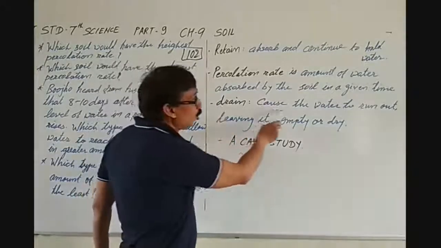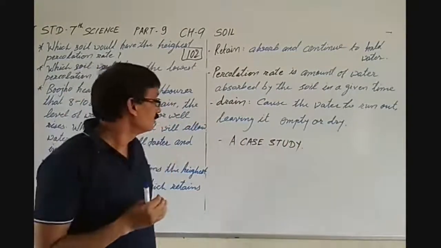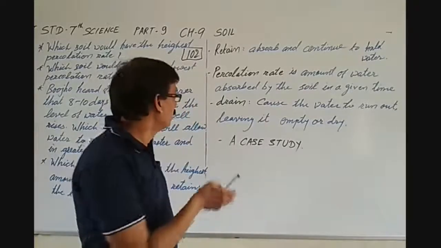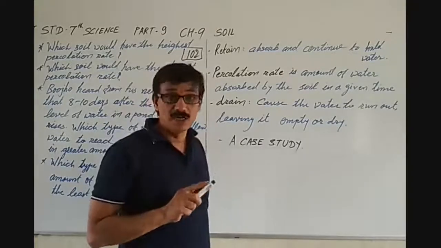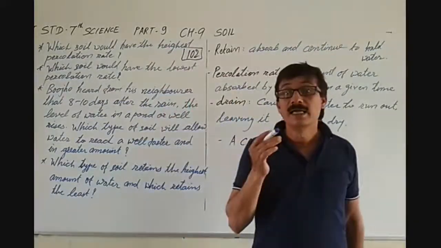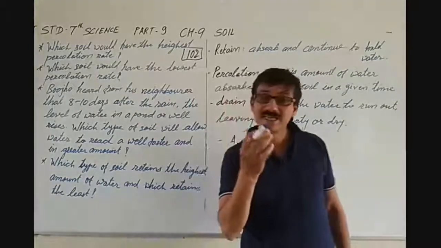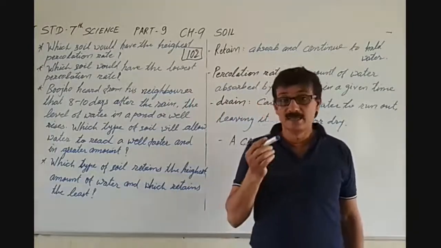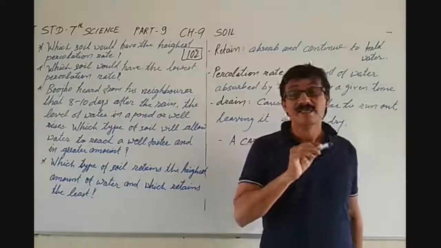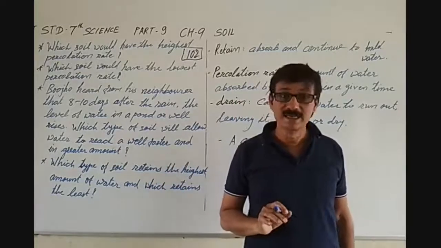See, drain means to cause the water to run out, leaving it empty or dry. So which type of soil can drain the water quickly? That is what we should understand. And in which soil is the percolation rate more? If the soil is well aerated, then and only then is it possible to pass the water very quickly, isn't it?